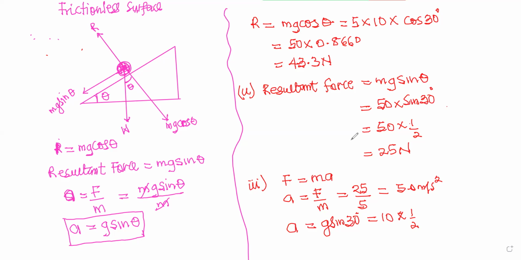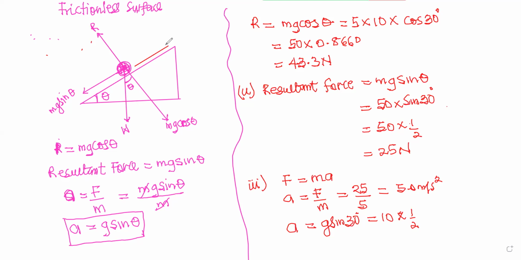So I'm going to modify the same question. What if there is friction on the surface? And don't forget, friction would always act against the direction of motion of the object. So if the object is rolling down, we expect friction to oppose it in the opposite direction.